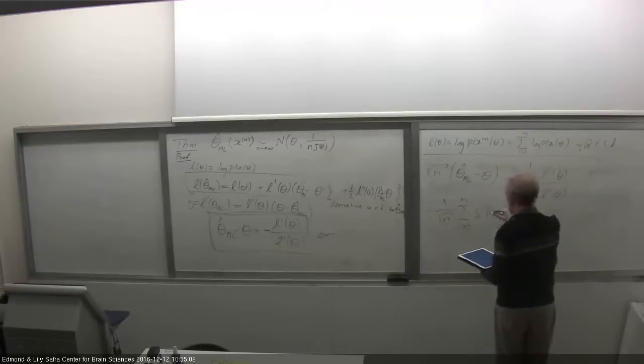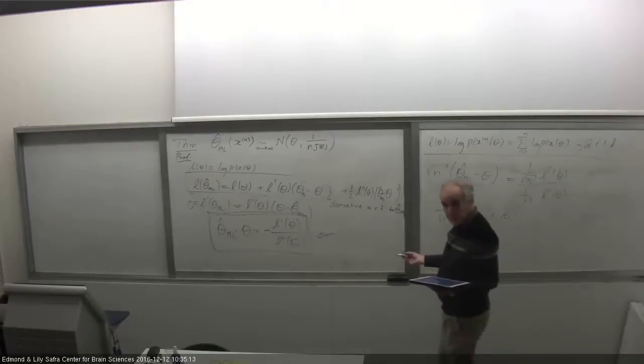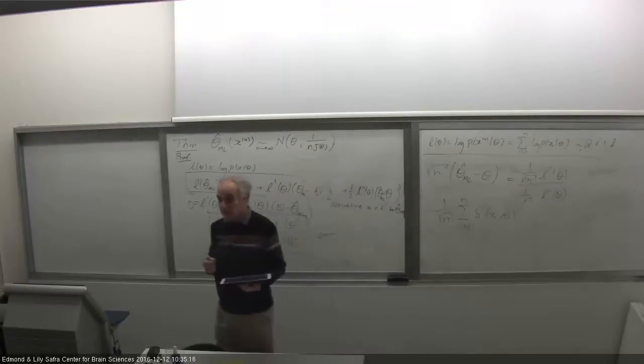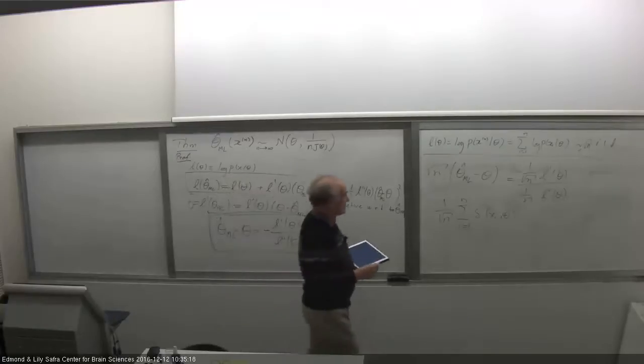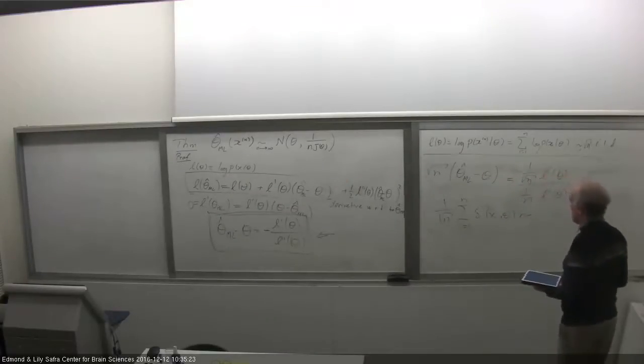This is a random variable, a sum of IID random variables normalized by 1 over square root of n with 0 mean. So this is asymptotically distributed how?